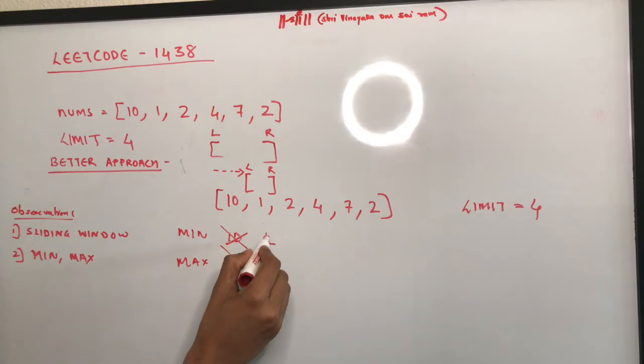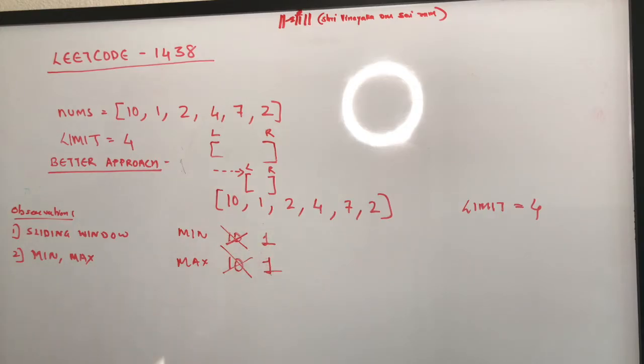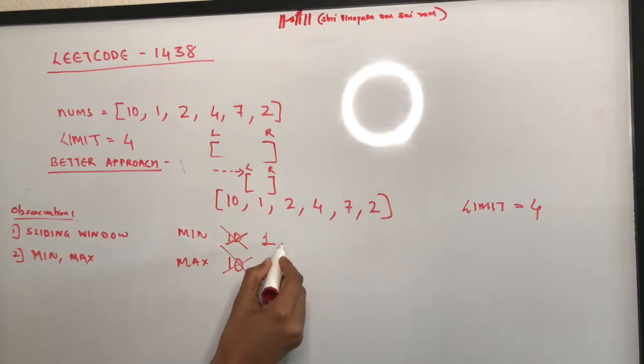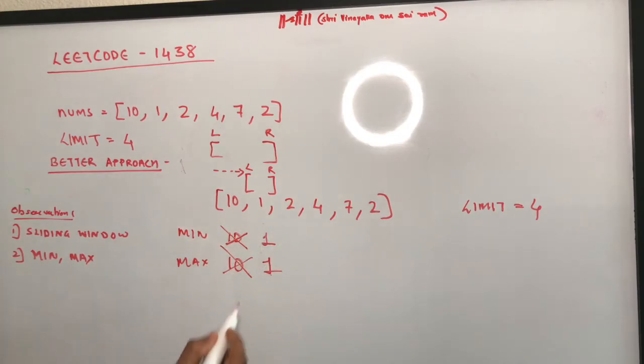So in this case, both your min and max are 1, similar to where we started, where we had 10 and 10. Here we have 1 and 1 for this window, and we'll check whether this constraint is satisfied. So in this case, 1 minus 1 is 0, which is less than your limit, and hence we can include this subarray as a part of the solution.